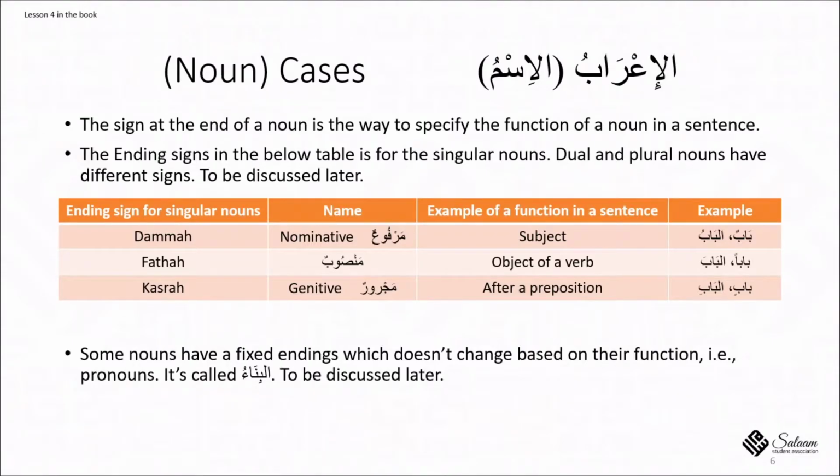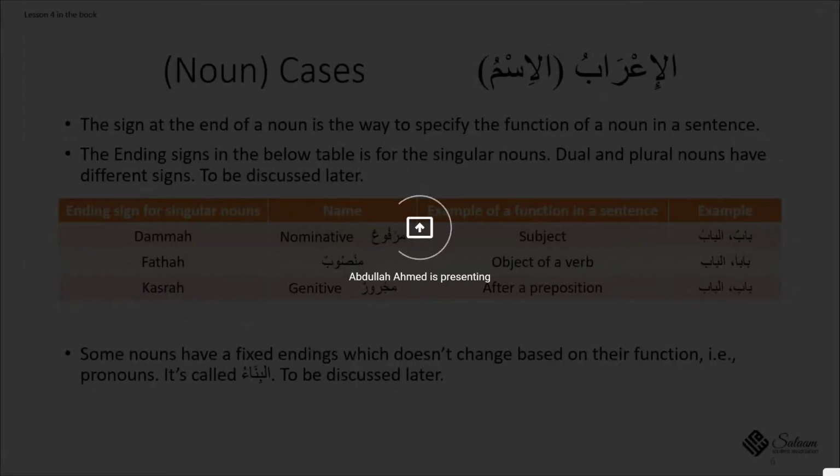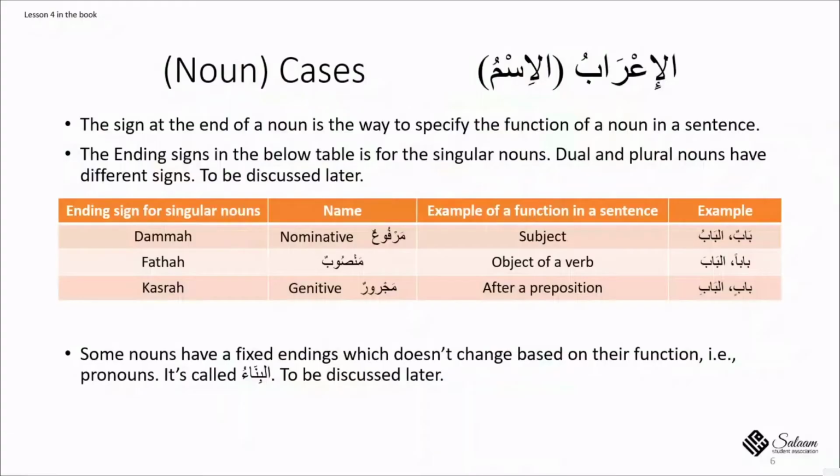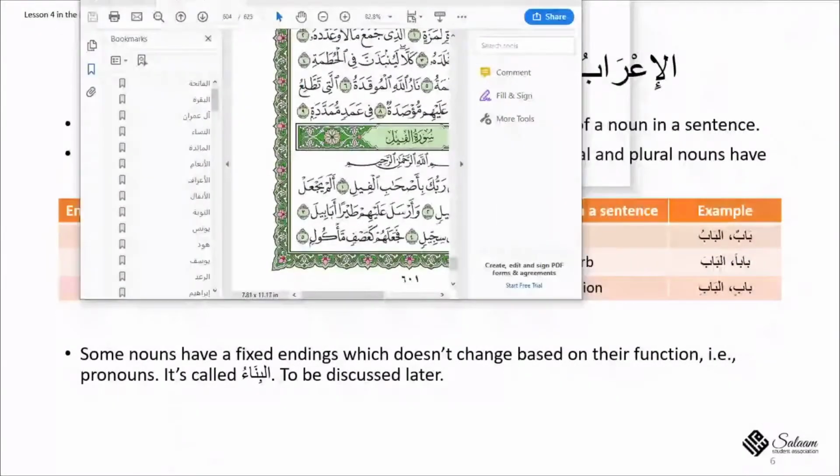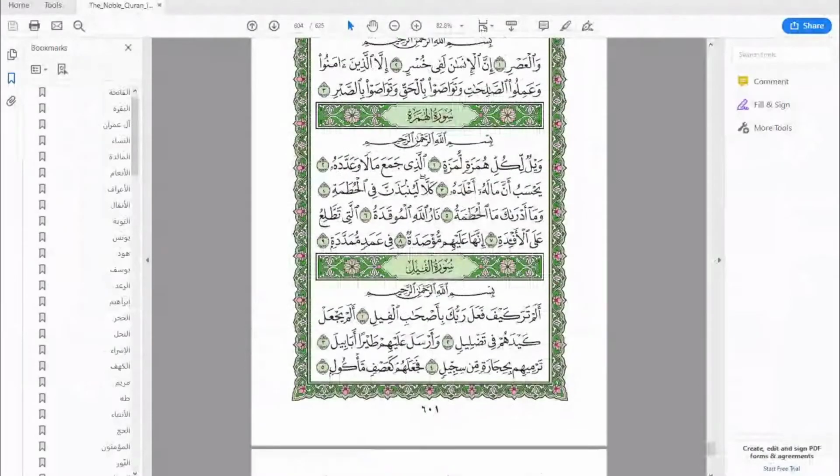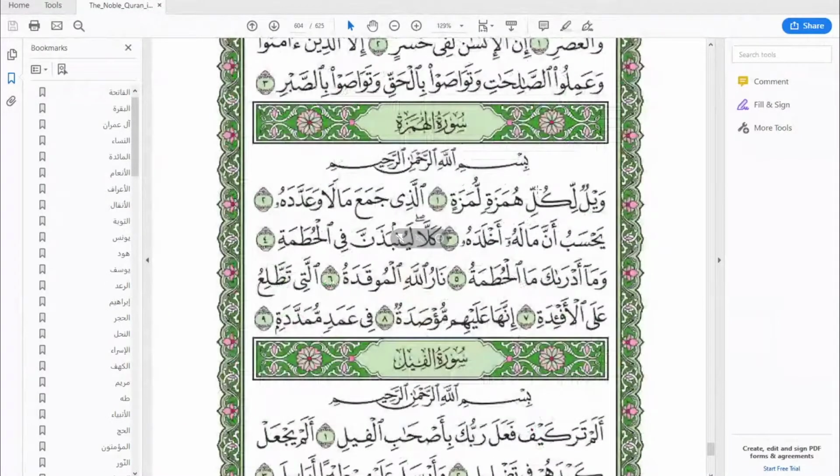Just one second, I will share another thing. I can share this screen. I can present the Quran. Can you see the Quran now? Yes, barak Allahu feek. Oh, this is the nice ayn here.